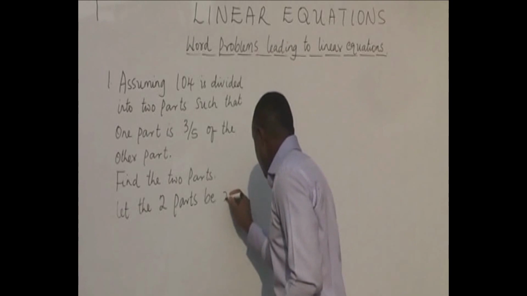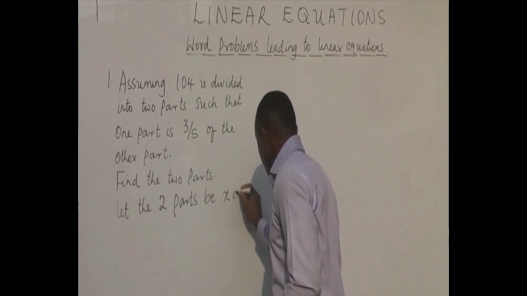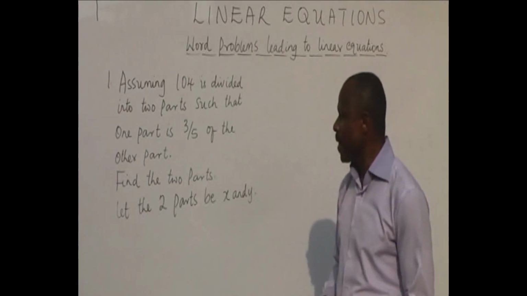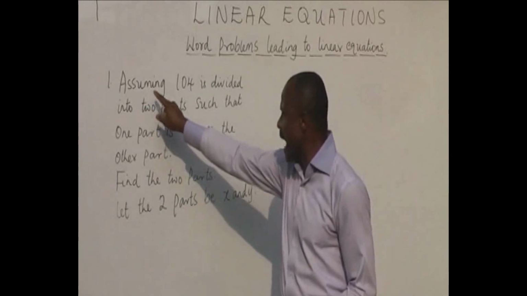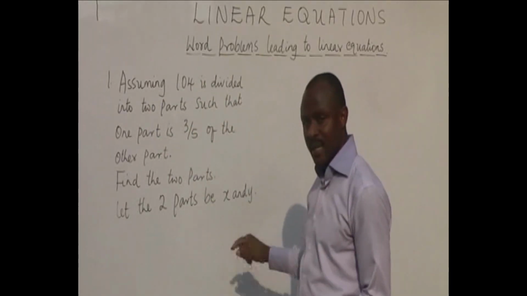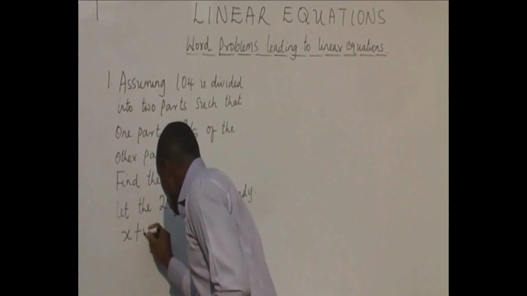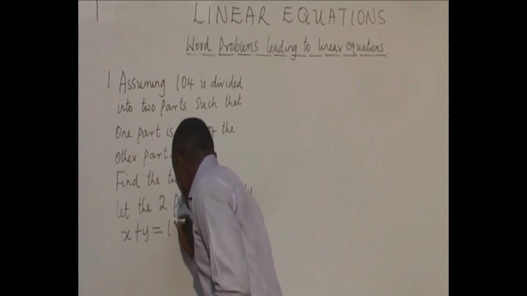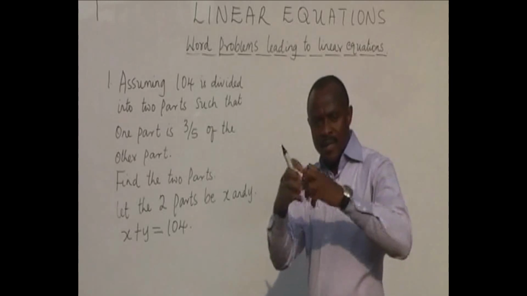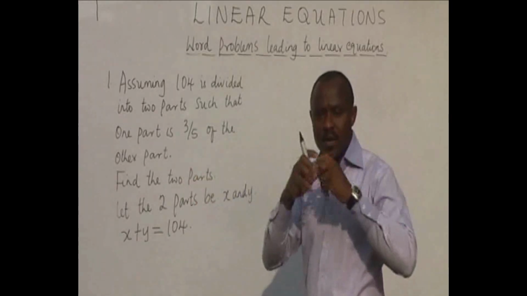Let's use X and Y. From the first sentence, assuming 104 is divided into these 2 parts, it means that X plus Y will be equal to 104. 104 is separated into 2 parts. That means if you add the 2 parts together, you get the 104.